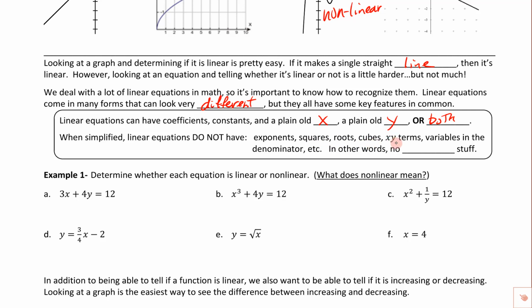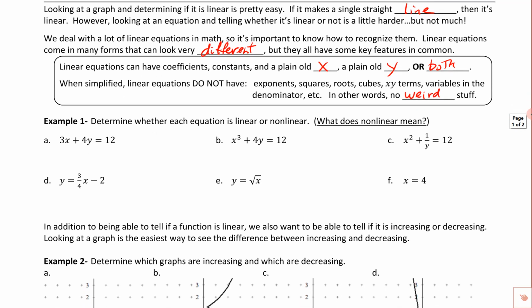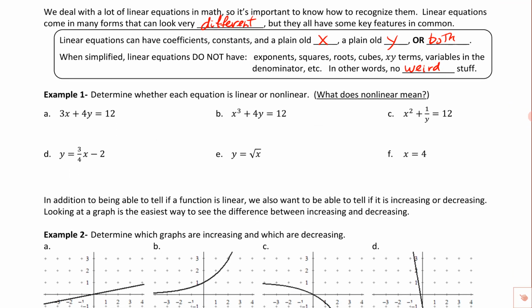And there's never an xy term where the x's and y's are multiplied together. There aren't any variables in the denominator, so we're not going to see any fraction bars with variables in the denominator. Not that you never see fractions, but you're never going to see a fraction with a variable in the denominator. In other words, we don't have any weird stuff. There's nothing crazy going on. So if you're looking at an equation, all you're looking for is plain old numbers, plain old x's, plain old y's. It's okay if there are both, but there's nothing weird like exponents, roots, or anything like that.